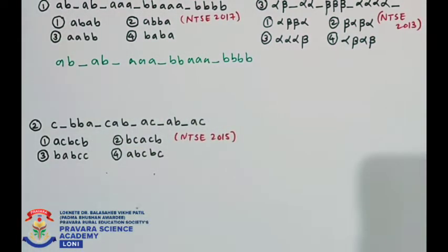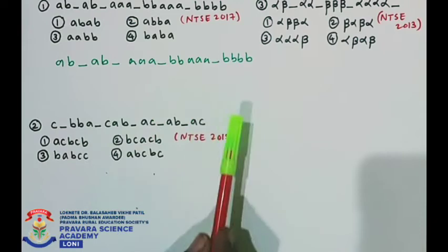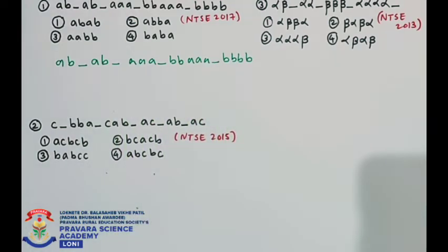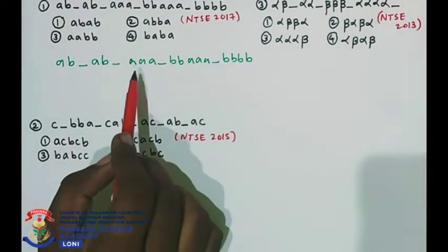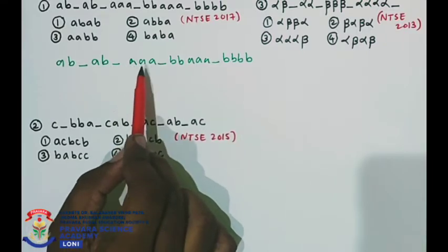So here you can try every option, but instead of that, if you just observe some pattern or apply your logic, you can easily guess the answer. Here you can see that A is coming 3 times.